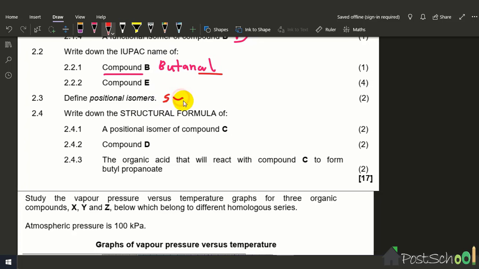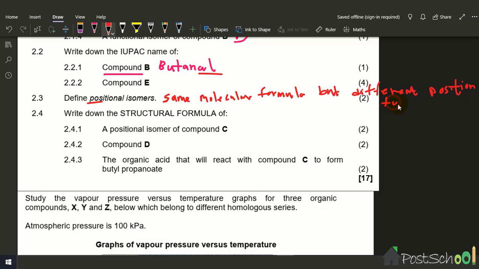Same molecular formula, you must write the molecular formula in the definition because it is an isomer. Same molecular formula, but different position. Position of a functional group or of a substituent.